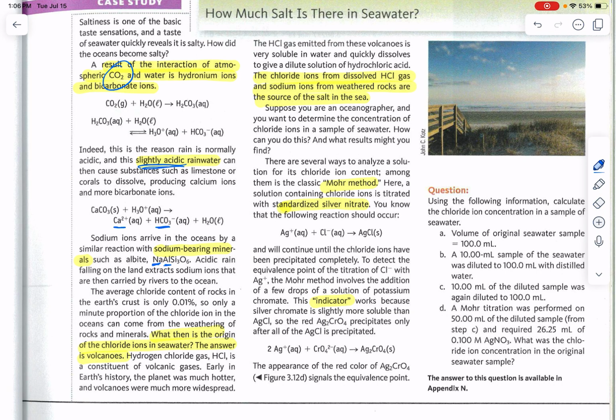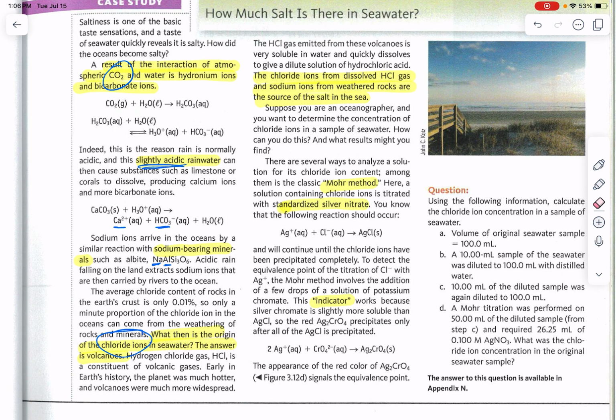And we might want to know, what is the chloride ion concentration in seawater? And what are the concentrations of the other ions? Now, a whole lot of ions primarily comes from volcanoes. And there are always volcanoes erupting. Recently, we've just had Mount Kilauea, I think in Hawaii, erupting again.